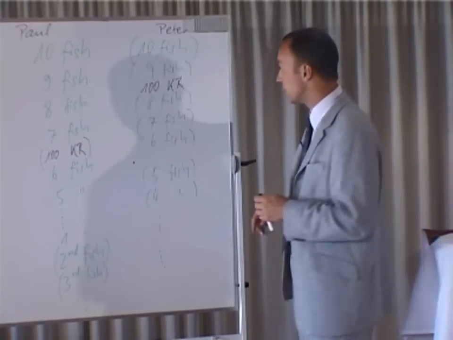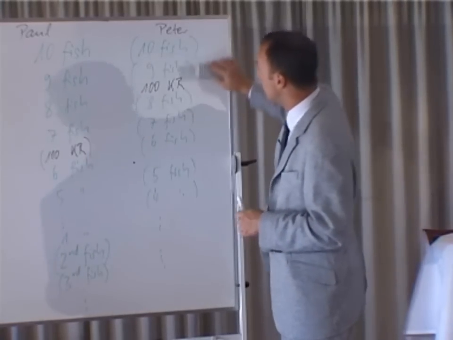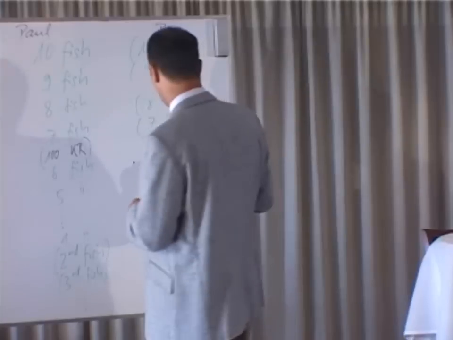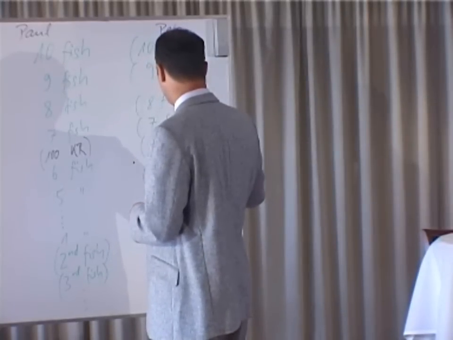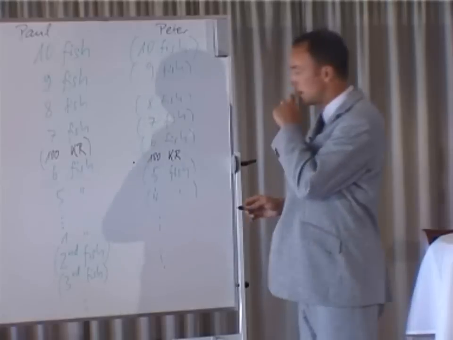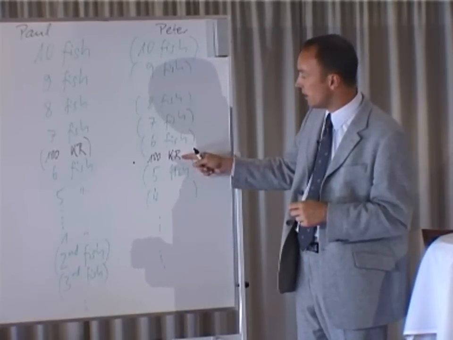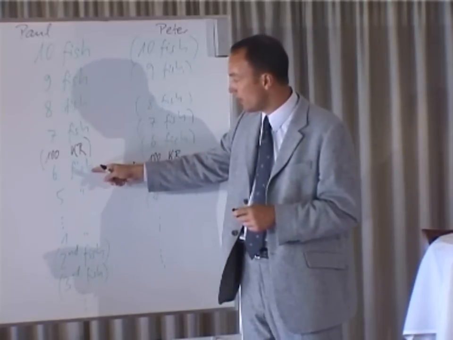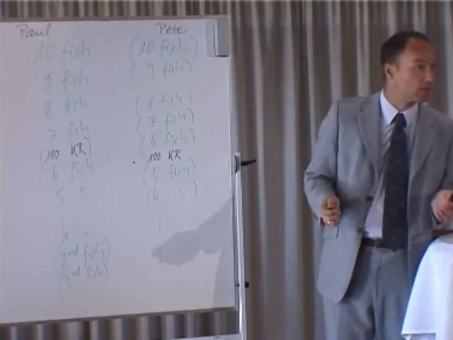Okay, so a market exchange will only take place if the value scales are somewhat different. For example, if we have the 100 coronas here. In this case, Peter would give up his 100 coronas to obtain 6 fish, and Paul would, in fact, give up 6 fish to obtain the ticket of 100 coronas.